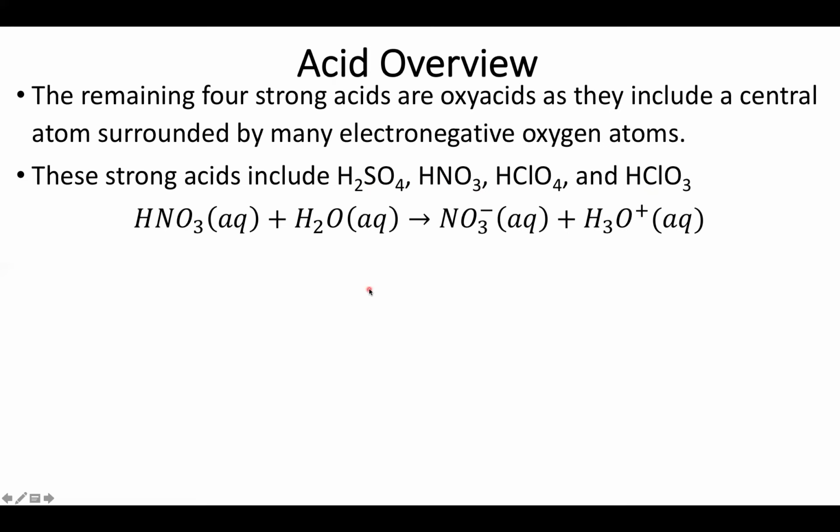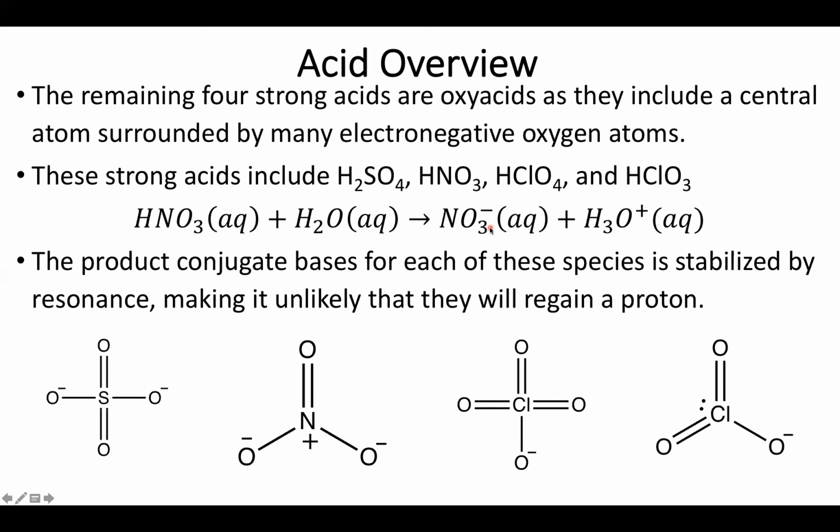All of these are highly driven by the fact that once a proton leaves this essentially oxyanion, what you're left with is a species that's more than happy to be on its own. So if we're looking at something like nitrate, nitrate is a very big ionic species in a lot of solutions because it almost always forms a strong electrolyte. Nitrate, more than happy to hang on its own. It don't need nobody. It's a strong person.